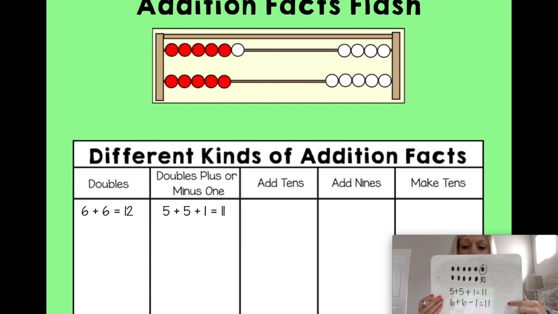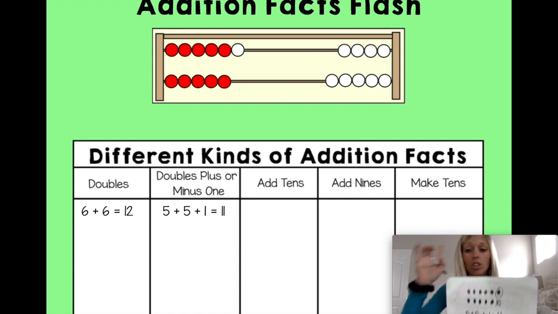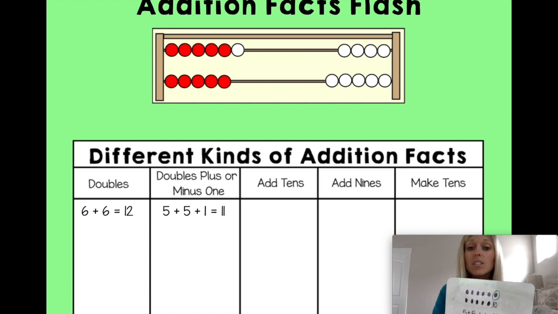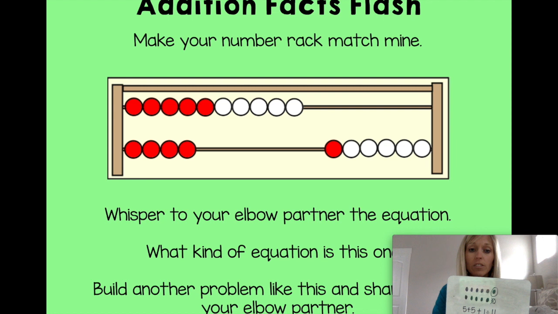Okay, look back at our number rack on the screen, which is similar to Miss Phillips' number rack on my board, and you can see how it can be plus 1 or minus 1. It's all in whichever your brain works best and is more efficient for you. Okay, let's go into the next type of addition fact.